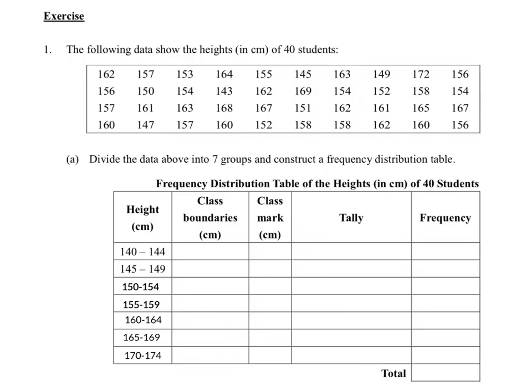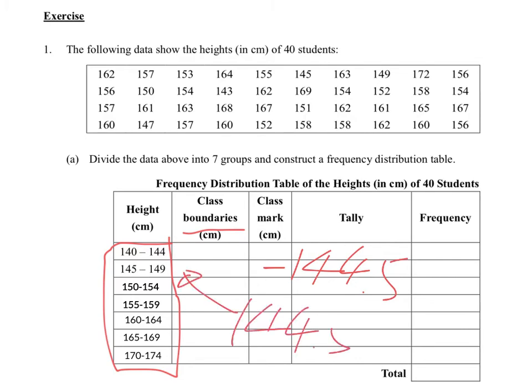By using this principle, all the groups should have new boundaries, that is the class boundaries. The boundary between the first group and the second group should be 144.5. So the class boundary of the second group starts from 144.5. But the boundary between the second group and the third group should be the middle of 149 and 150, that should be 149.5.